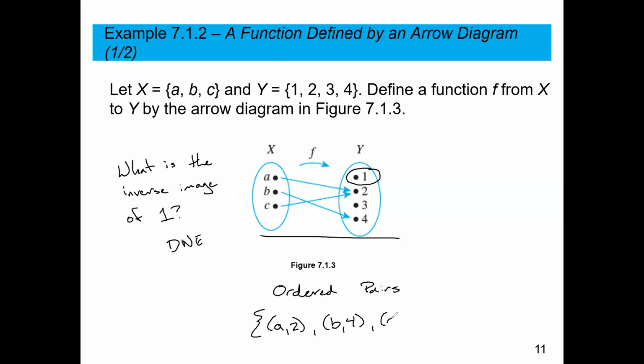I do C and C goes to 2. So this would be the ordered pairs for this particular thing. And we like that sometimes because it allows us to really look at it and organize it in different ways. So this arrow image is one way to attack this. Another way is to do these ordered pairs. All right, let's look at some more examples.